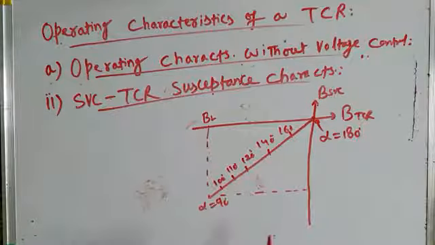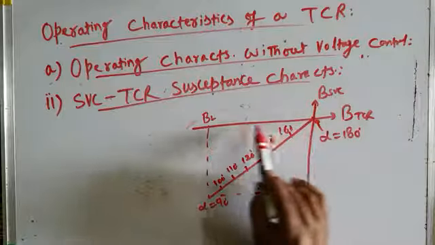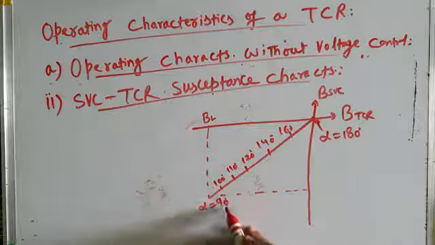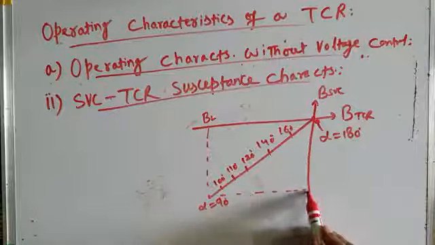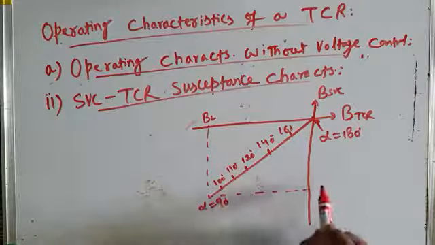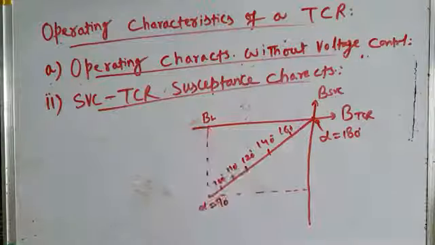If only TCR is connected to an SVC, then SVC susceptance will be exactly equal to TCR susceptance, as you can see, because for alpha equal to 90 degrees, whatever is the susceptance of TCR, the same is the susceptance of SVC. So BSVC is exactly equal to BTCR and it is equal to BL.